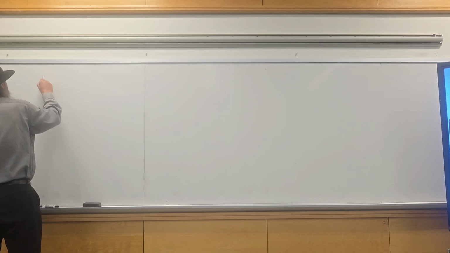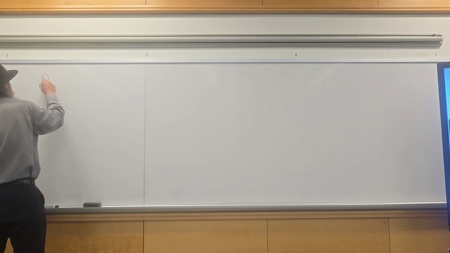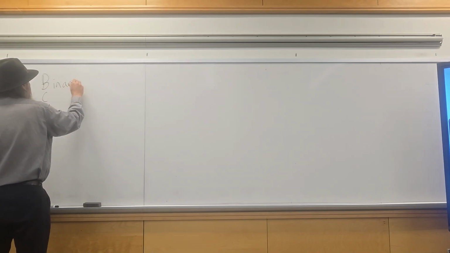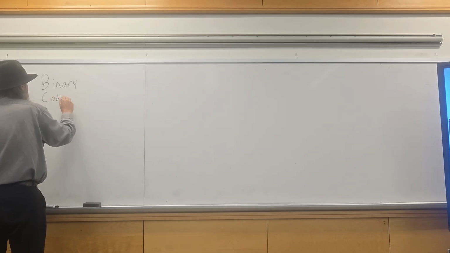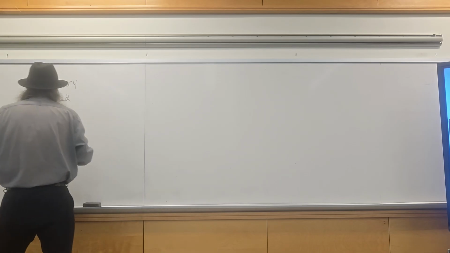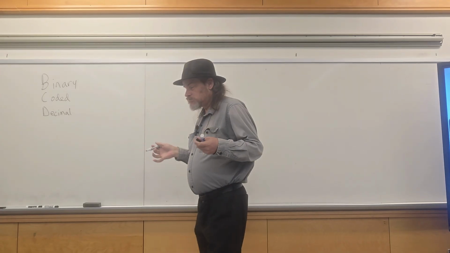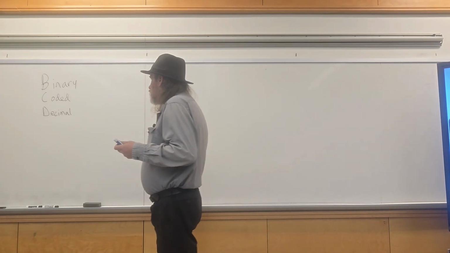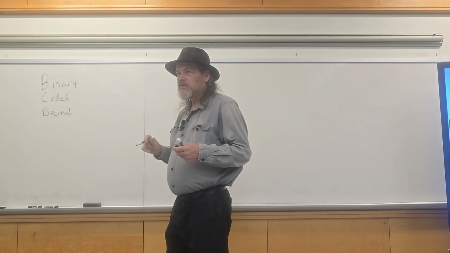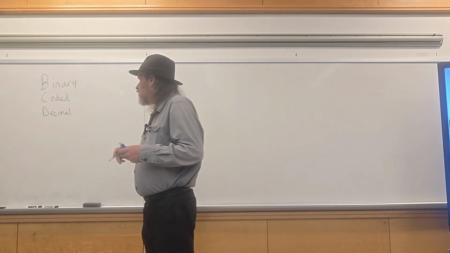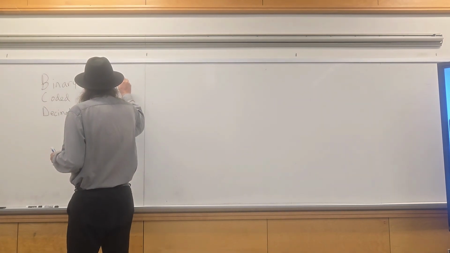There is something called BCD, binary coded decimal, where you want decimal numbers, but you're using binary. The decimal digits can be represented by 4 bits.